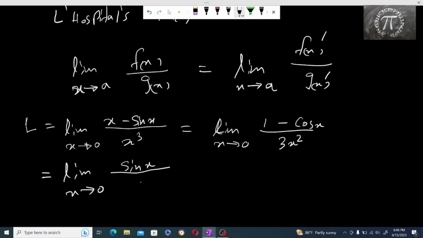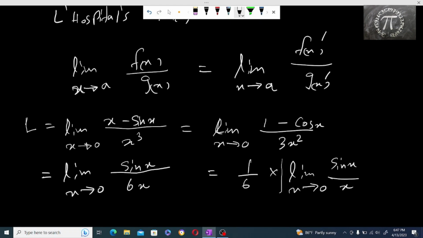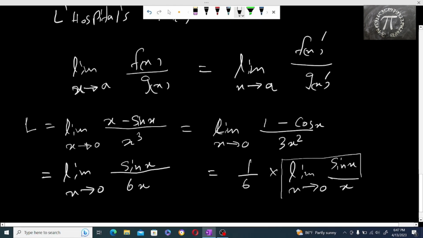For 3 x squared, we get 6x. So I'm going to factor out 1 over 6 into the limit as x goes to 0 of sin x divided by x. We know that as x goes to 0, sin x over x is 1. So 1 over 6 into 1.